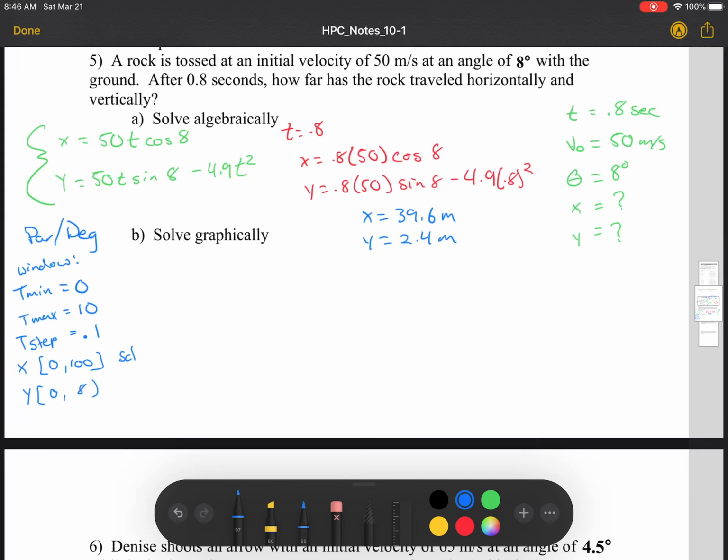Our scale for x is going to be 10, and our scale for y is going to be 1. Now what you would do is get on your calculator and put those equations in there, just like our original equations without the t plugged in. Then when you get your graph, it should look something like this.